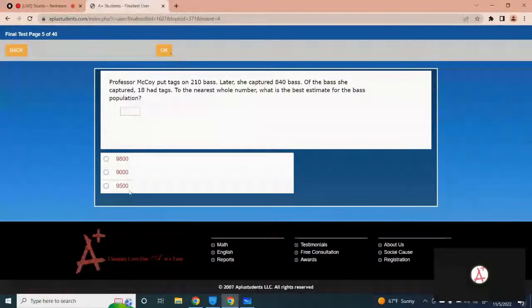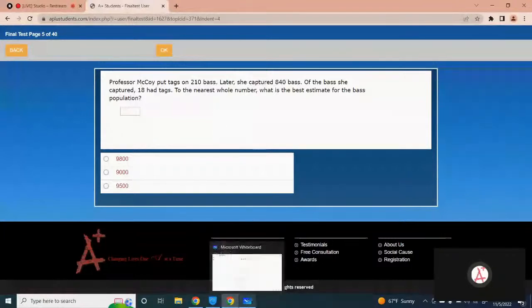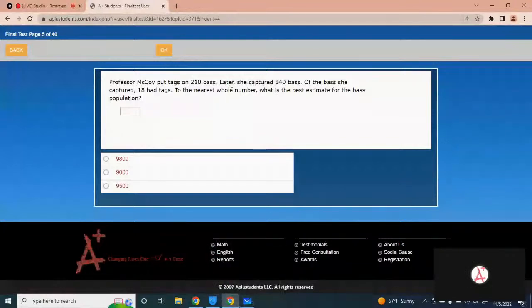Okay, 210 tags, and she captured 840. Later, she captured 840, out of 840, 18 had tags. Got it?